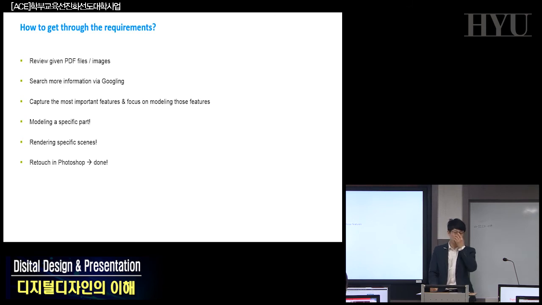But it should be managed by you and modeled by you. Modeling a specific part, even if it's just a minor part of that building, anyway, you have to make something visually effective to present that design. Just simply imagine that it is done by you.